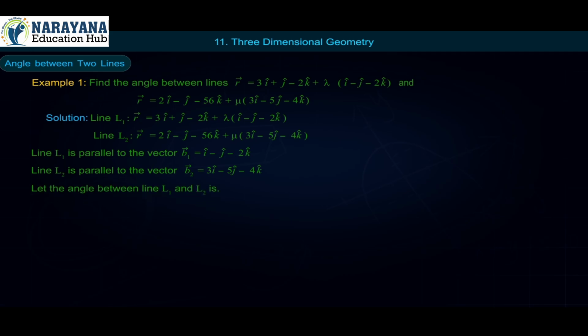Let theta be the angle between lines L1 and L2. Cos theta is equal to modulus of vector b1 dot vector b2 upon modulus of vector b1 into modulus of vector b2 is equal to (i cap minus j cap minus 2k cap) dot (3i cap minus 5j cap minus 4k cap) upon square root of 1 plus 1 plus 4 into square root of 9 plus 25 plus 16.